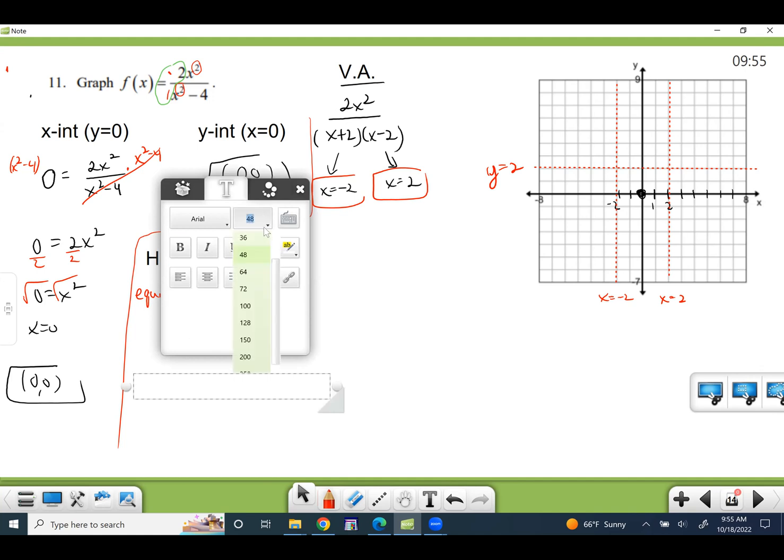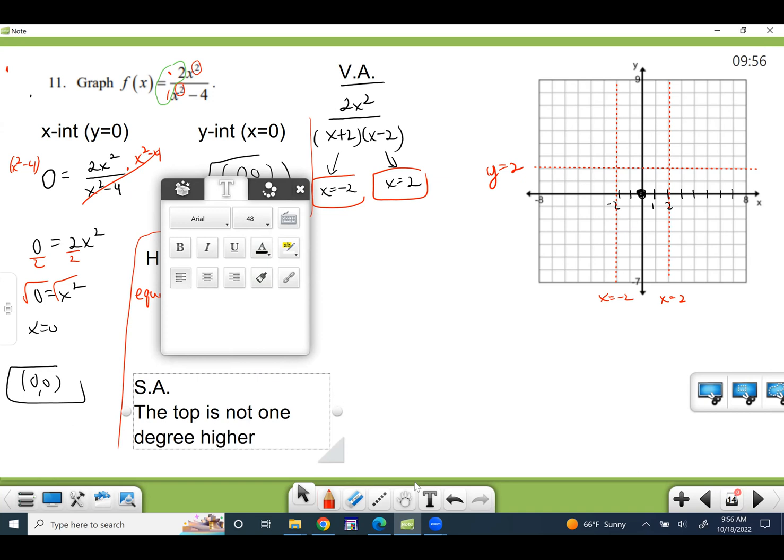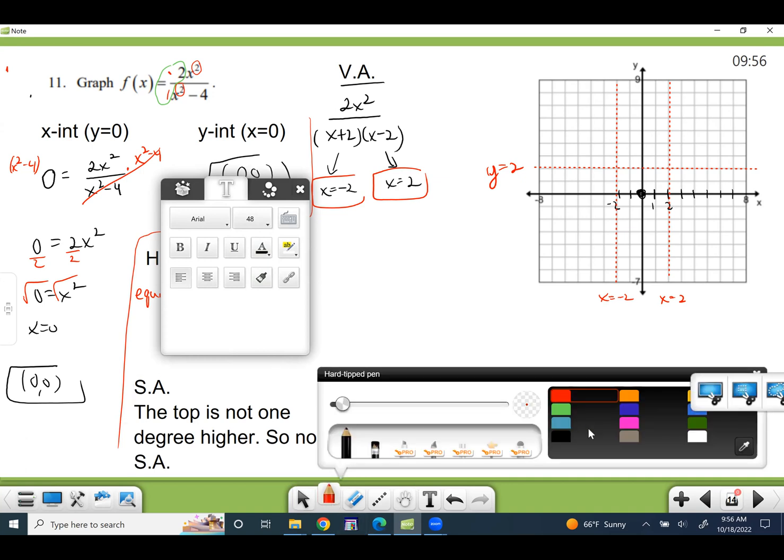Maybe you have neither, okay? But you will not have both, you guys. Okay, so we're going to go ahead and write in here, the top is not 1 degree higher. So no slant asymptote.